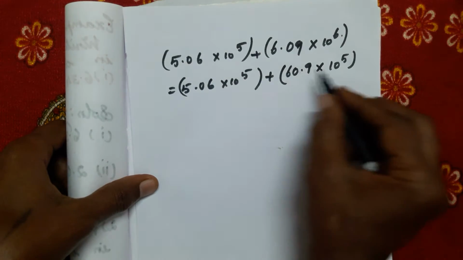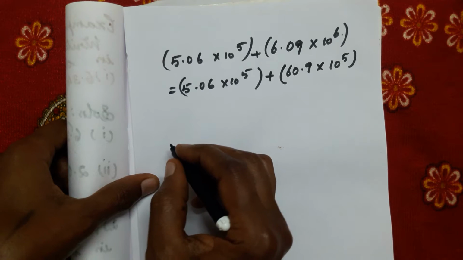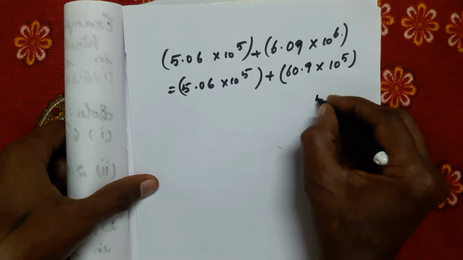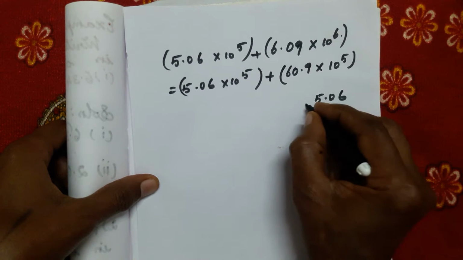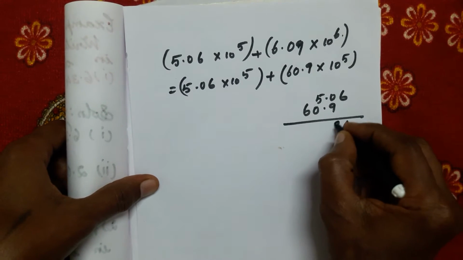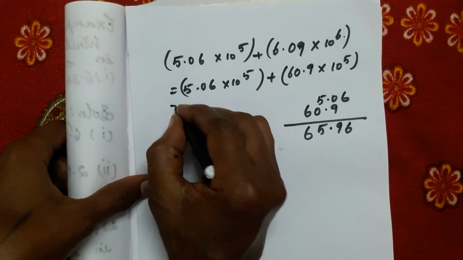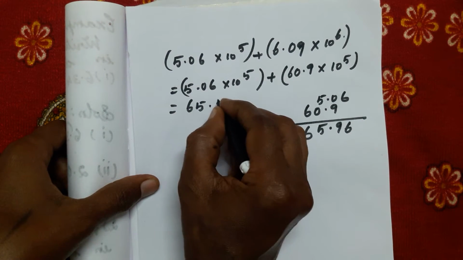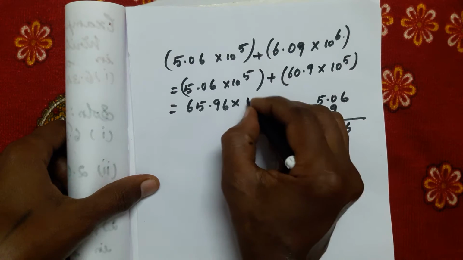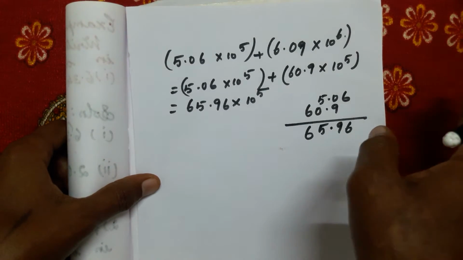Now you see that both powers are 10 power 5. Now we can add easily. 5.06, 60.9. So 65.96 into 10 power 5. 10 power 5 we have to write the same.